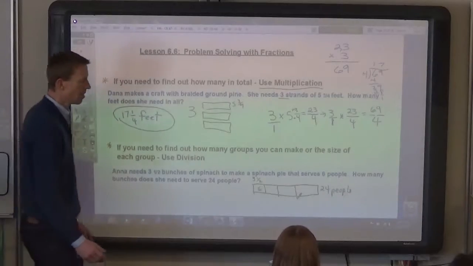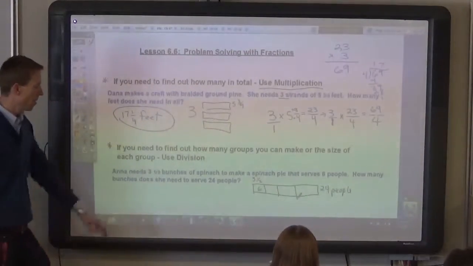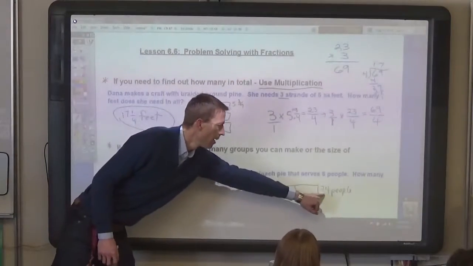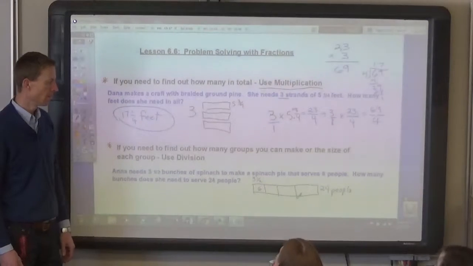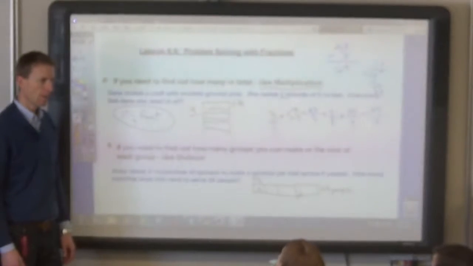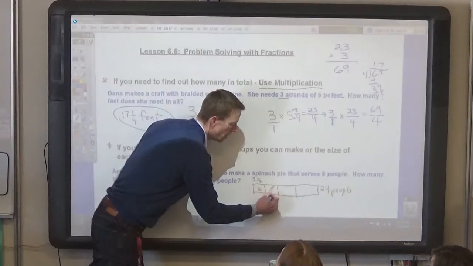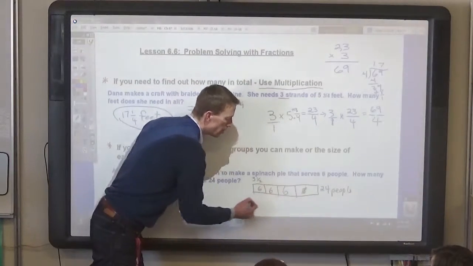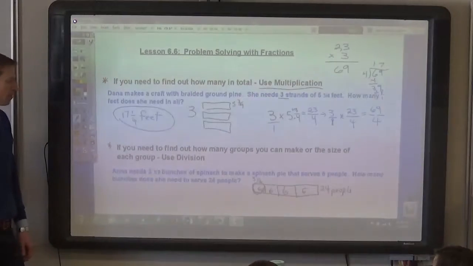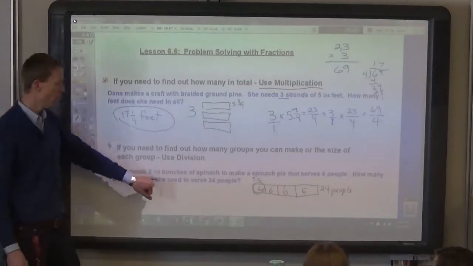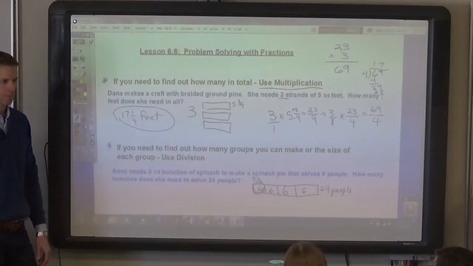Yeah. And if we did 24 divided by 6, you'll get 4 bunches, right? Yep. So, in this case, we know the total, and we know how big each part needs to be. And using those numbers, you can find the answer. Okay?